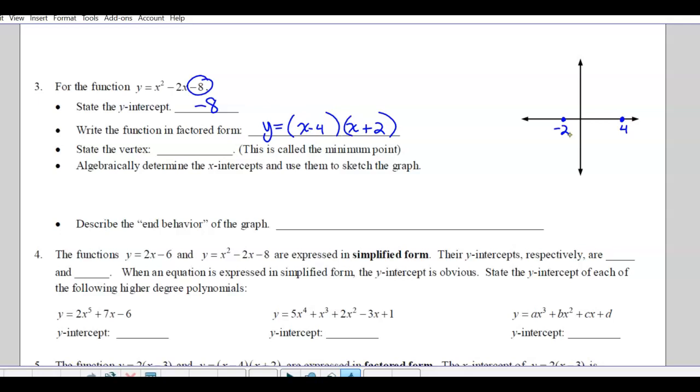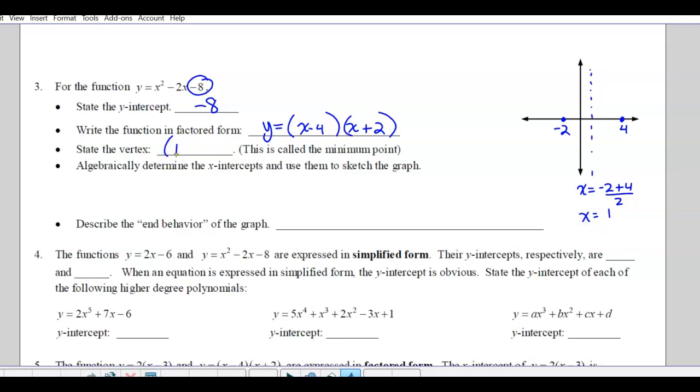What x value will the vertex have based on that information? Yep, it'll be 1. Halfway in between. So the axis of symmetry is the average. X equals -2 plus 4 over 2, which is 1. So that's the axis of symmetry. Our vertex is going to have an x value of 1.